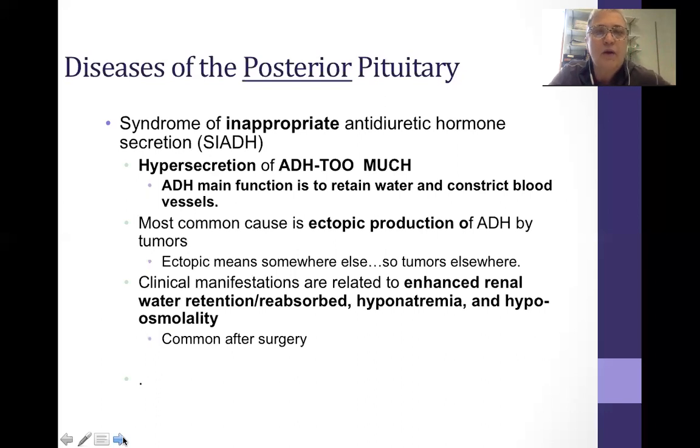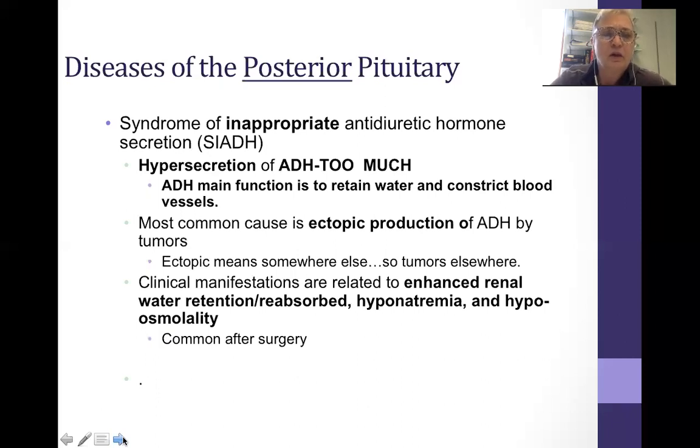But anyway, if you have a disease of the posterior pituitary, you have what's called the syndrome of inappropriate antidiuretic hormone secretion. I love that. You have too much, and it's called SIADH. I don't know what they call that, like SIAD or anything, but I just say inappropriate antidiuretic hormone secretion. So it's too much ADH.